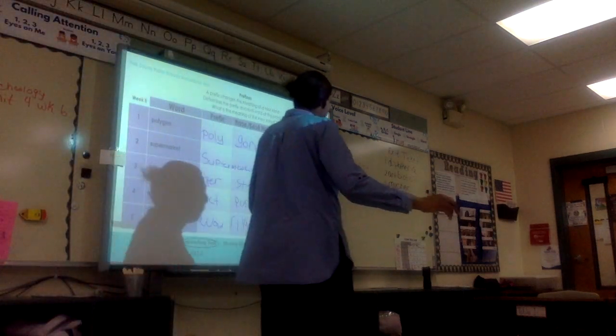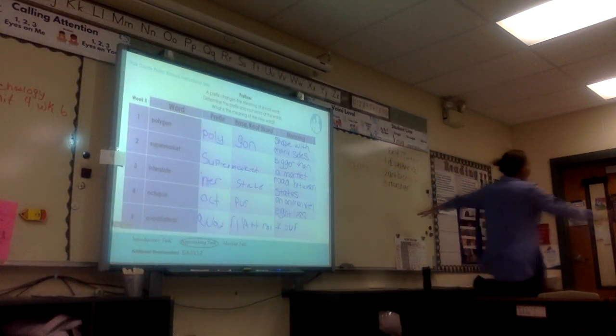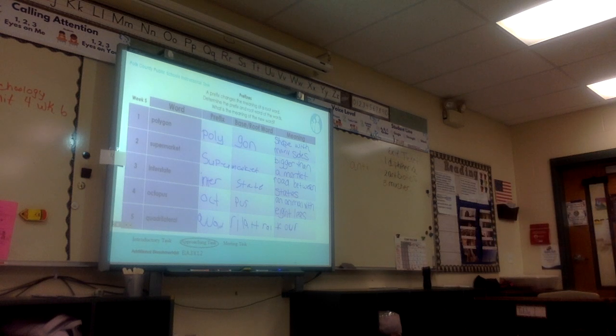What are we going to do with our exit ticket, which is going to be in blue? Very good. We're going to write down the word and say what it means. Now, when you are done, Miss K would like for you to put it to the front of your desk. Like this.